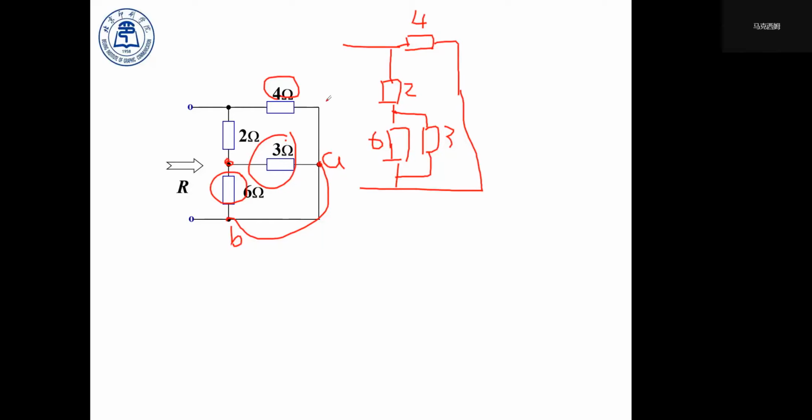And this 4 ohm resistor is in parallel with the other branch, which is the series connection of the 2 ohm resistor and the parallel combination of the 3 and 6 ohm resistors. So the 4 ohm resistor is parallel to this whole bunch.